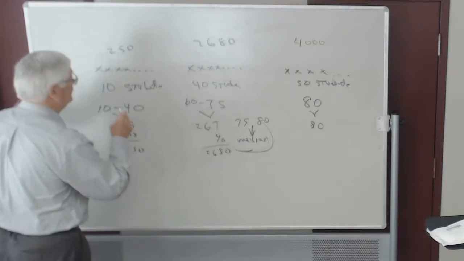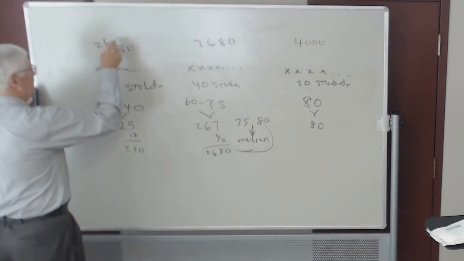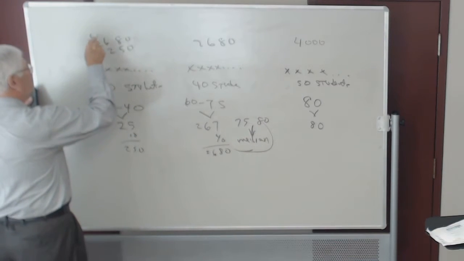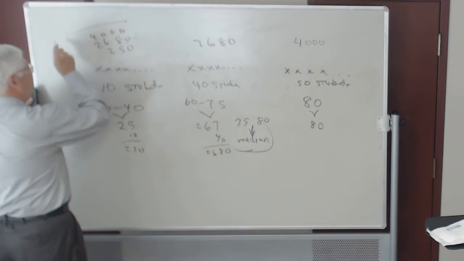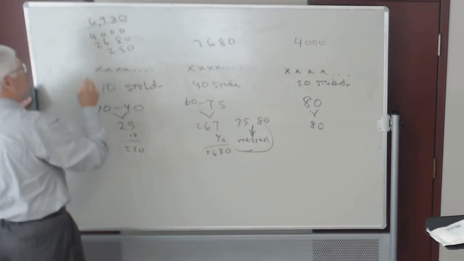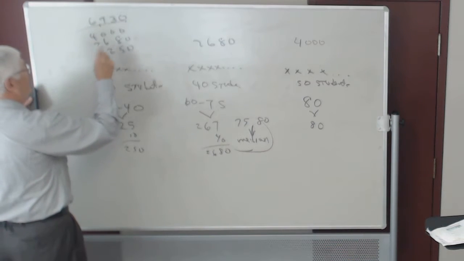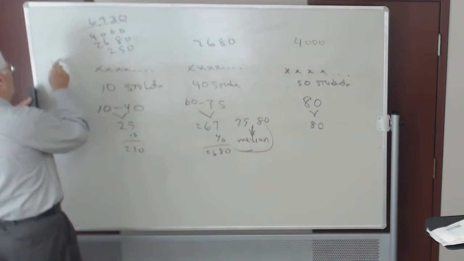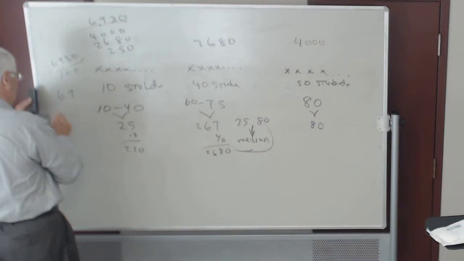So that's 250 plus 2680 plus 4,000 adds up to 6,930. 100 students, divide that by 100. 100 scores, 69 is the mean.